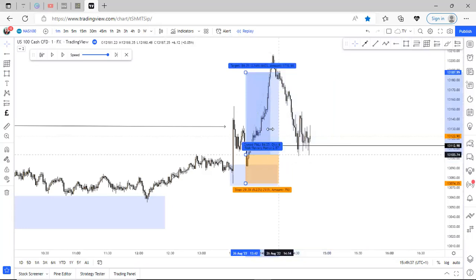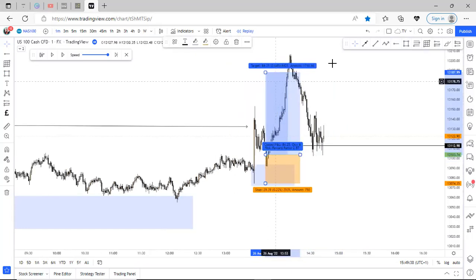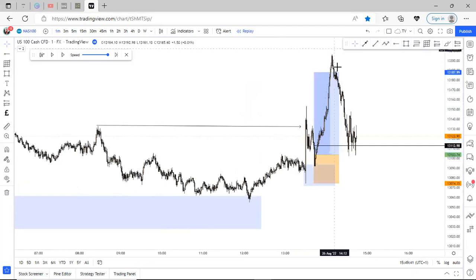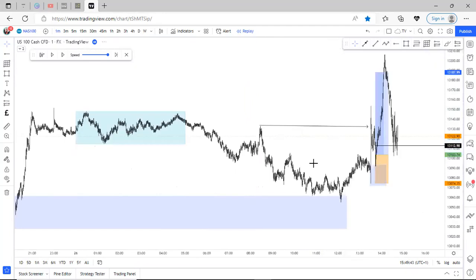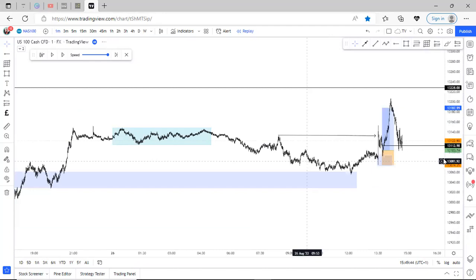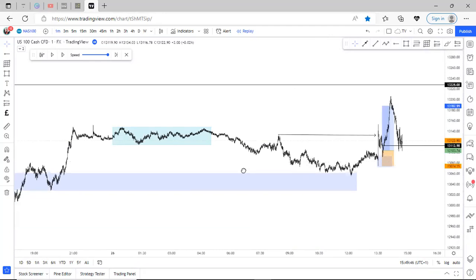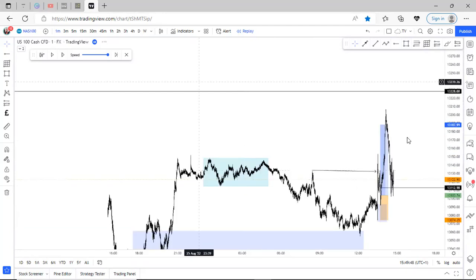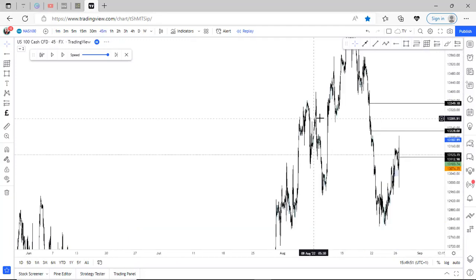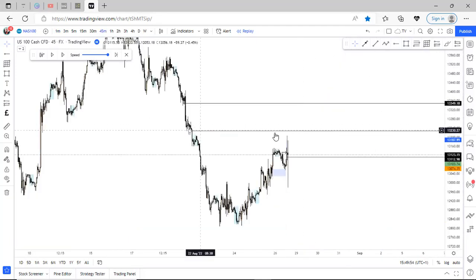Okay, so I also got out of the trade again when I saw this reversal. Price was really spiking up and spiking down, so I didn't want to take any chances. My take profit for the first one was actually at this high.